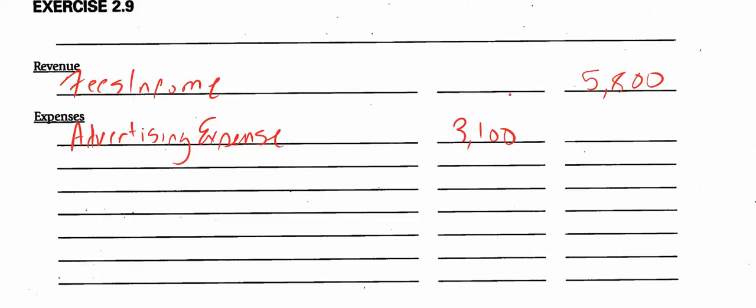The next expense was telephone expense. Well, salaries would be next alphabetically. Salaries expense. And that was $2,600. Next would be telephone expense.